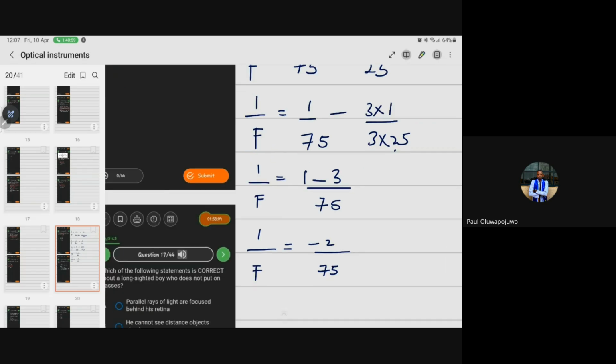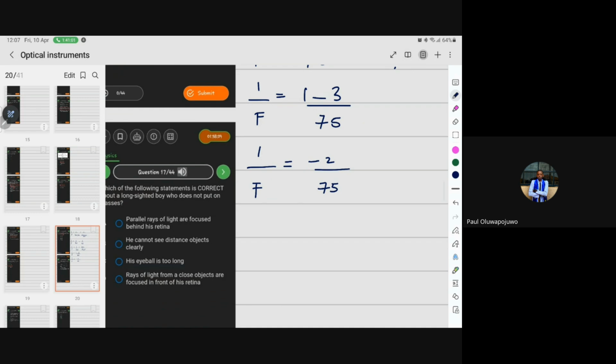All right. So now, what will be the value of f? I'm getting 18.75, but you should have a minus sign now.